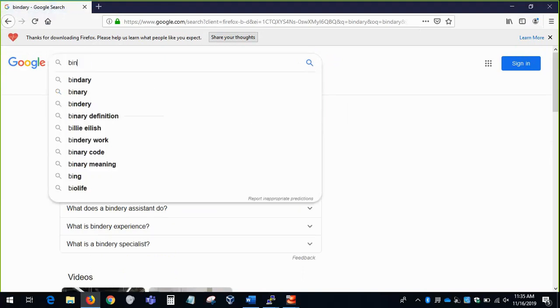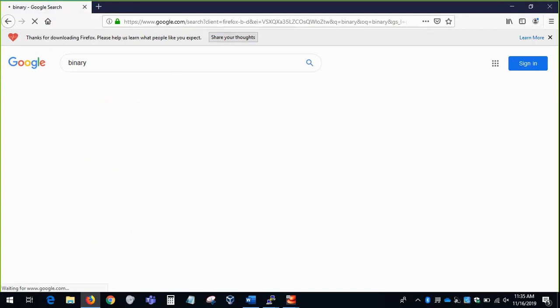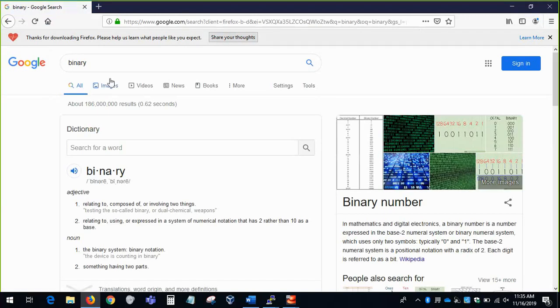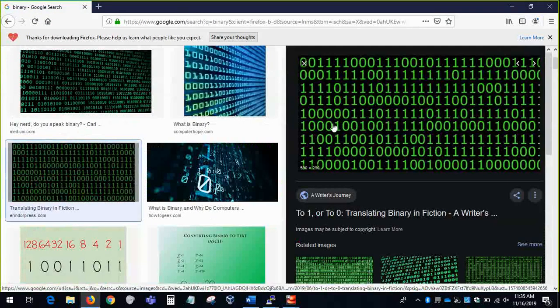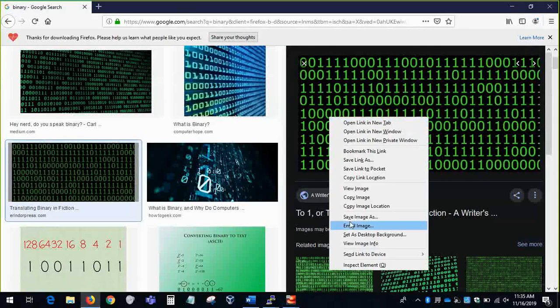Binary is nothing but zeros and ones. This is what the computer sees. You may be typing everything, alphabets and everything, but what it sees is only zeros and ones.